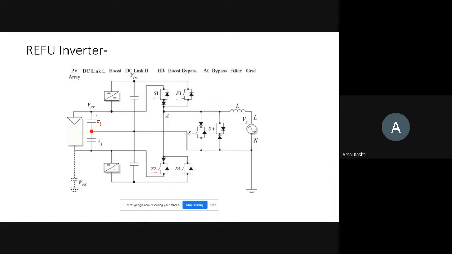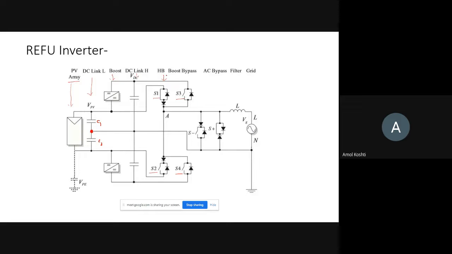So instead of the single filter capacitor, they have added two capacitors in series here. This is our PV array system. This is our DC link. This is again boost system, and again this is DC link. So it is hybrid.